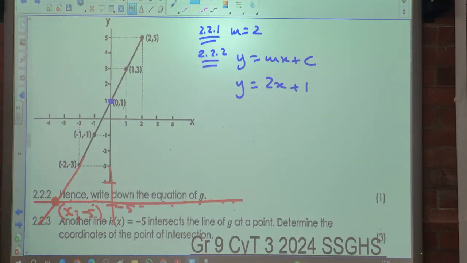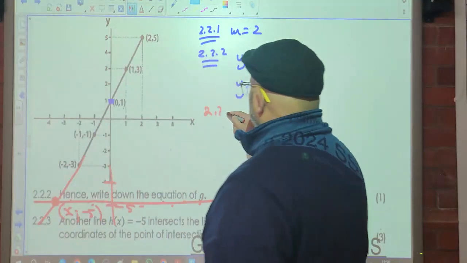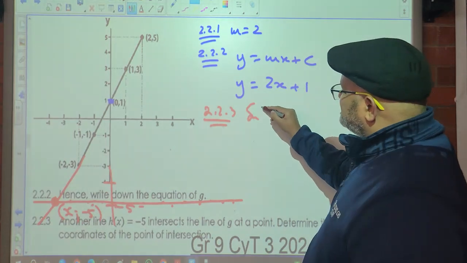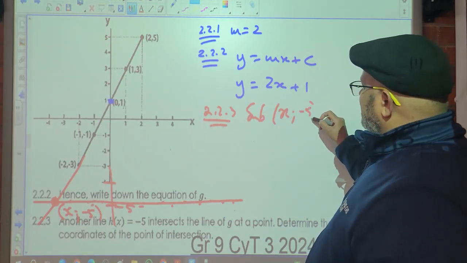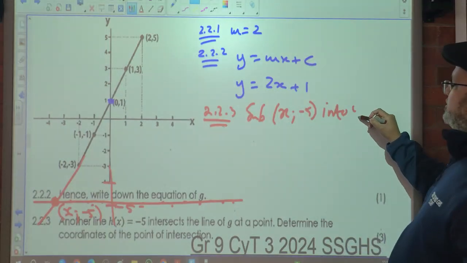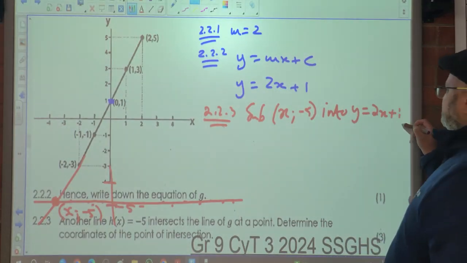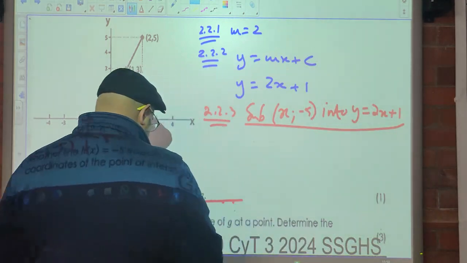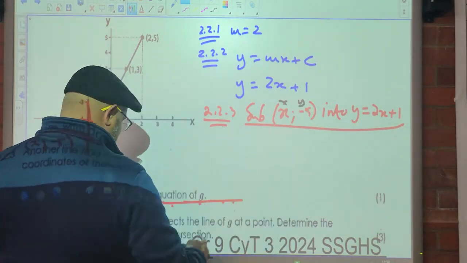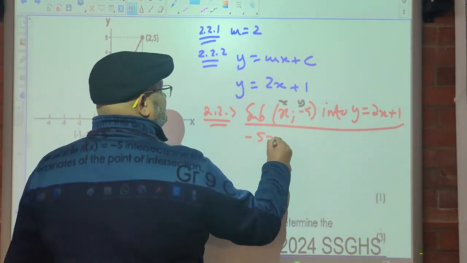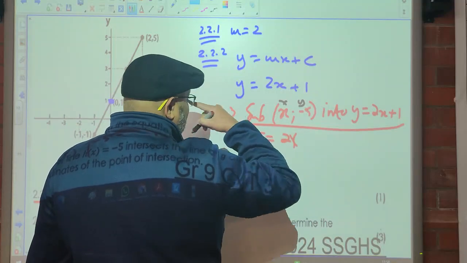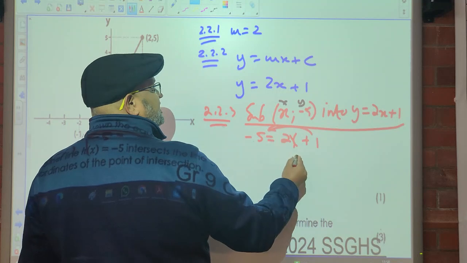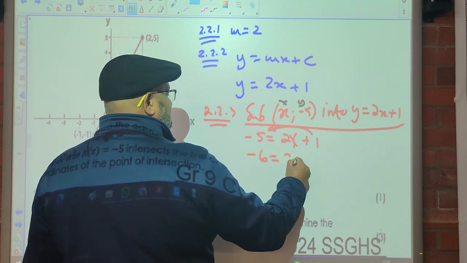Can you see that? So what we do is, so 2.2.3, we substitute y equals minus 5 into y is equal to 2x plus 1. Remembering this is an x and a y. So negative 5 is equal to 2 times x, which is still x, plus 1. You take it over the equal sign, get negative 6 is equal to 2x.